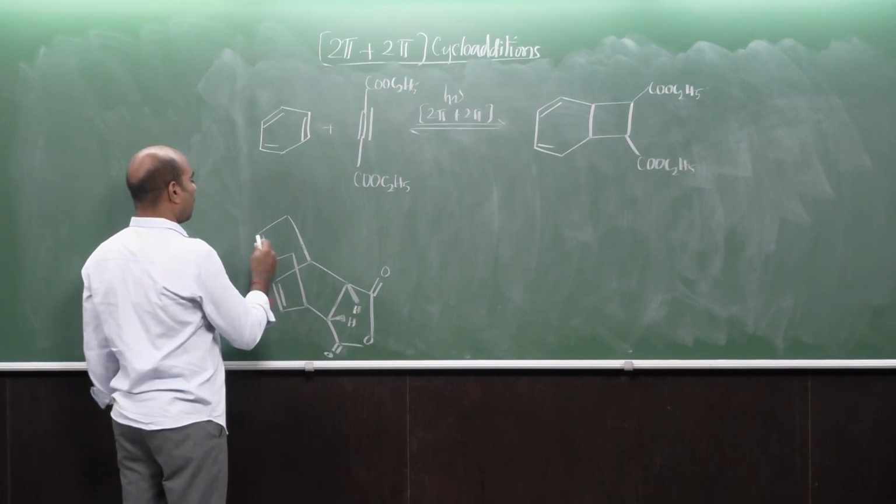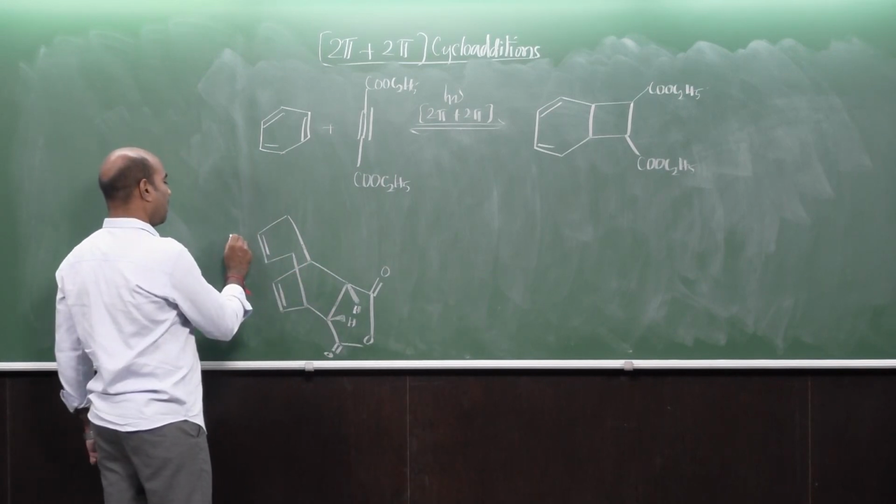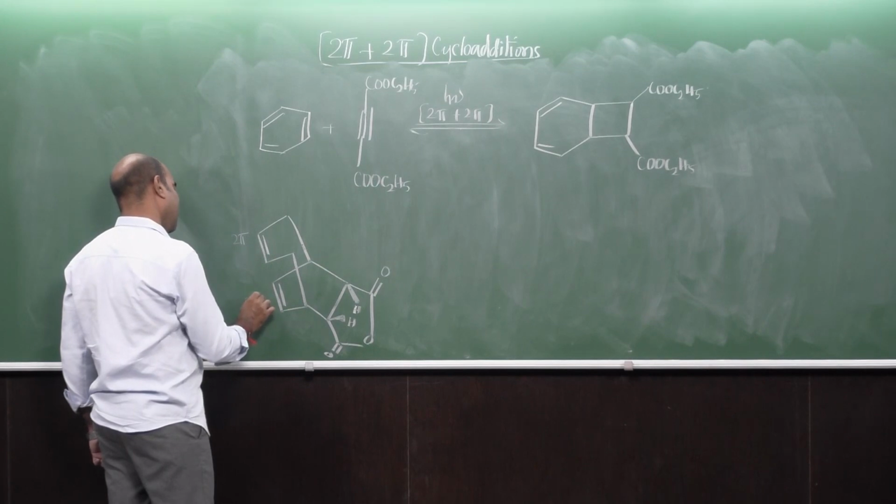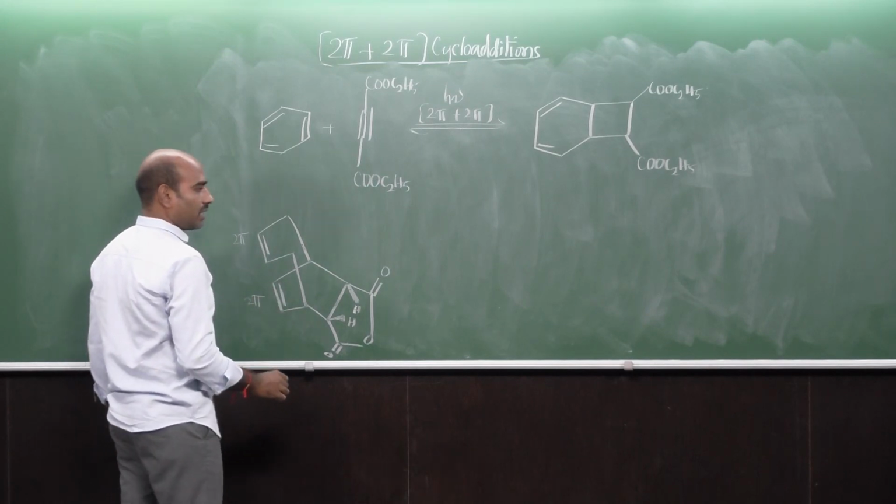This undergoes 2π plus 2π cycloaddition, where this is a 2π partner and this is again a 2π partner, right.